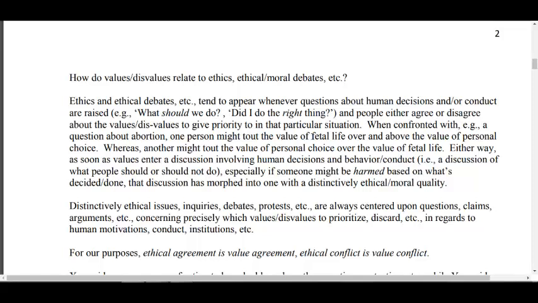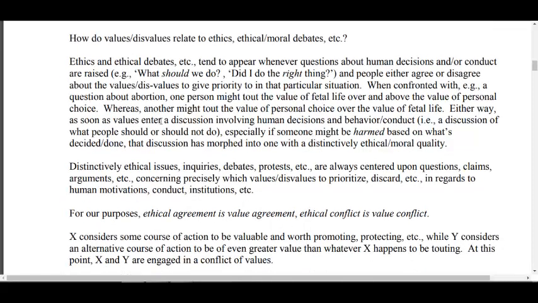Either way, as soon as values enter a discussion that involves human decisions, our behavior, our conduct, what we should do, what we shouldn't do, and especially if there's a chance for someone to be harmed, given the outcome based on what we do or decide, that discussion or debate or argument immediately has an ethical quality.